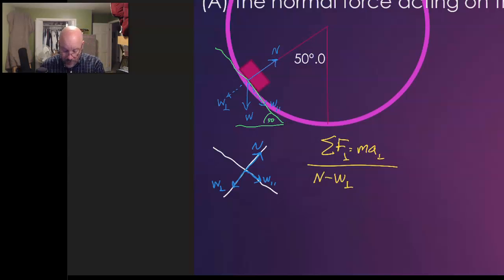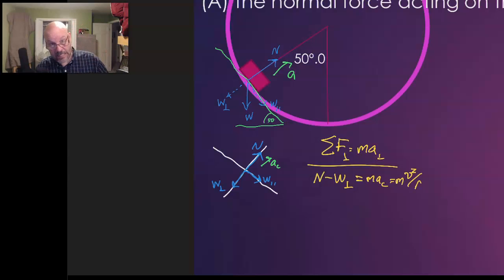Now, is that equal to zero or not? Well, that depends if there's any acceleration. And in this particular case, since it's moving in a circle, there actually is some acceleration up this way. So there's my centripetal acceleration there. So I have to put m a_c, and that's going to be mv squared over r.